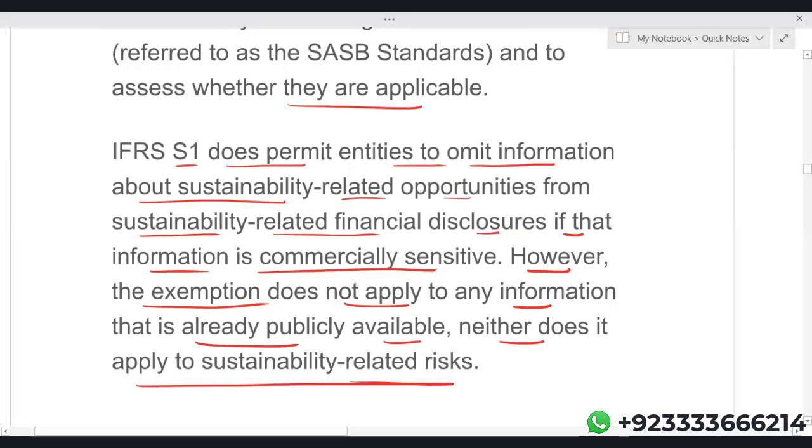So S1 does permit entities to omit information about sustainability-related opportunities. For example, my company has started taking actions, and due to those specific actions, the CO2 emission will be reduced by 50%.